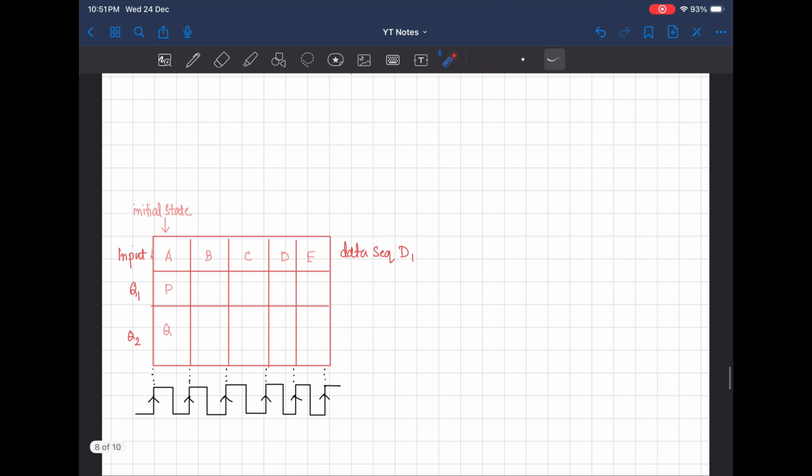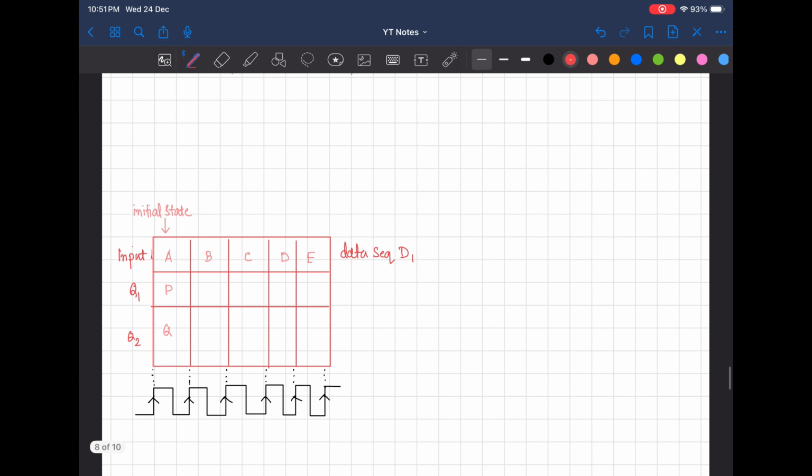So how can we write the data here? There is an initial state, P and Q, of Q1 and Q2 of the two flops, and A, B, C, D, E as the incoming data sequence.